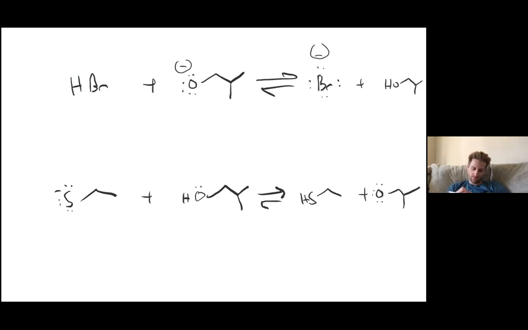So this would be our acid, making this our base. If we know one, we are able to figure out the other ones. So that means our conjugate base is going to be what our acid was. Let's see, it should be our conjugate acid.